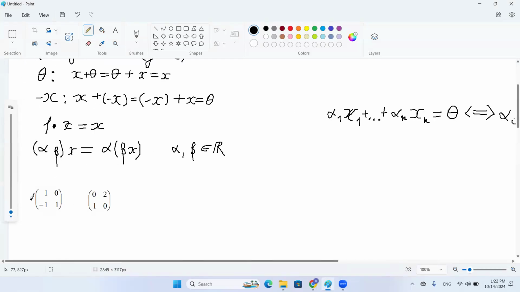Okay, and now let's use this definition. We need to multiply the first matrix by alpha 1, the second matrix by alpha 2. And then what will we have? Alpha 1 here, and here is 0, alpha 2, so we leave alpha 1. And 0, alpha 1 plus 2 alpha 2.